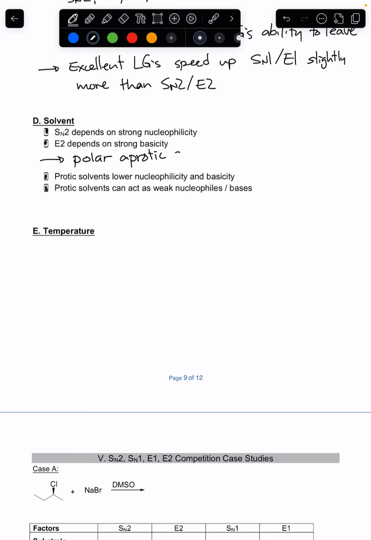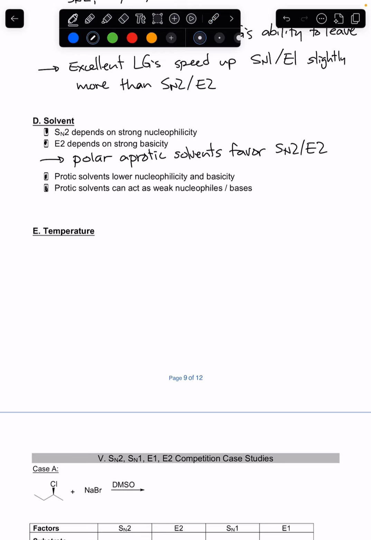If you don't remember what that means, you should check out the notes from chapter 6. Polar aprotic solvents don't solvate the nucleophiles to dampen the nucleophilicity or the basicity of the attacking species. So that is a good thing for SN2 and E2.